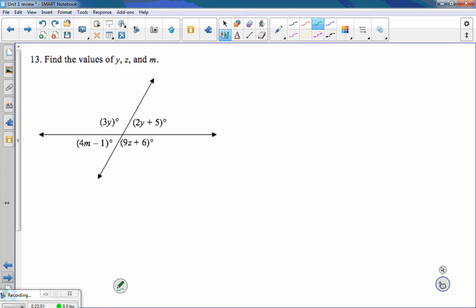Here is the hint. You cannot compare or put a relationship between any 2 unless they have the same letter. So let's start there. Which 2 do I have? 2 M's, 2 Z's, or 2 Y's? 2 Y's. Okay. So now all I am going to do is compare this angle right here and this angle.